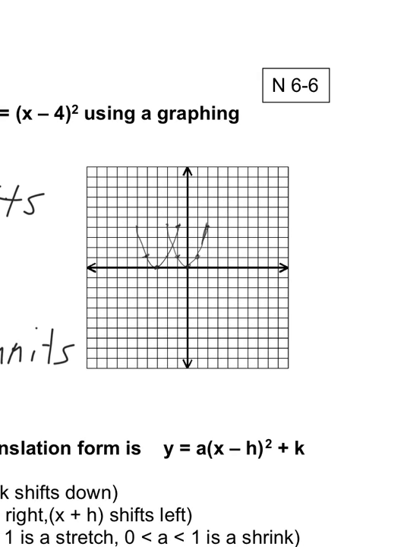So it takes the parent, shifts it to the right, 1, 2, 3, 4, and then it's the exact same size from there on. So over 2, up 4, and it goes like that.